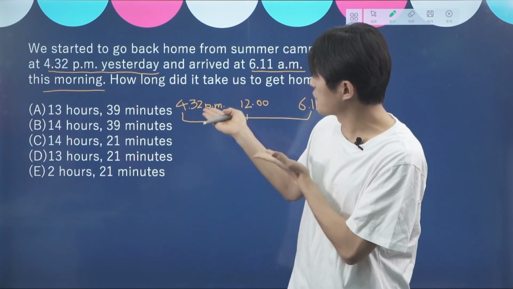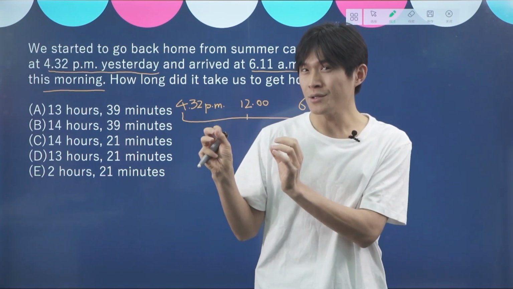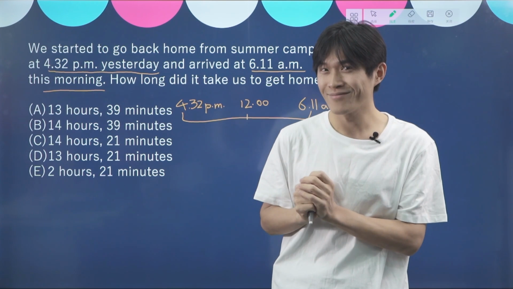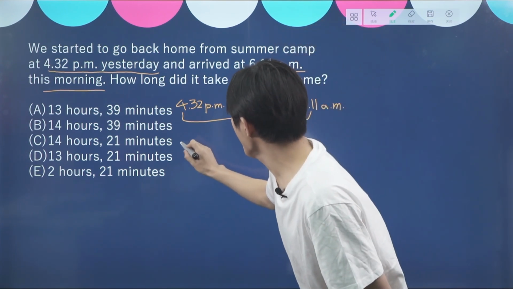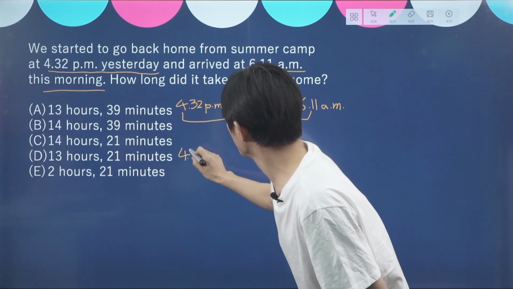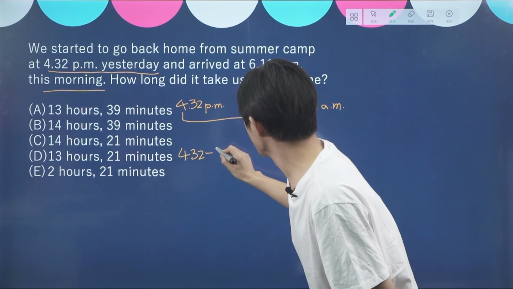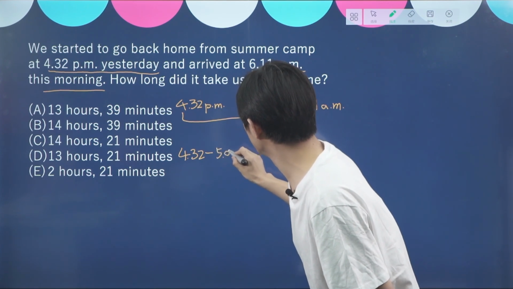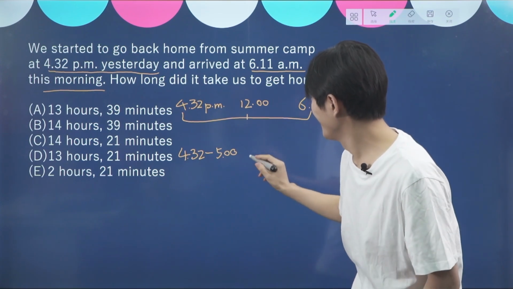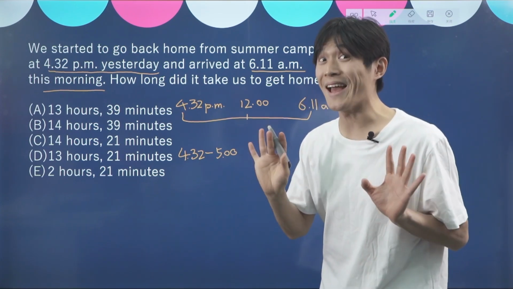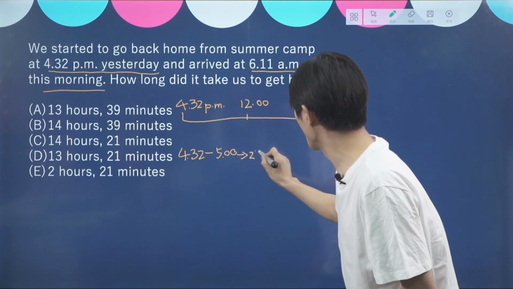So it's 4:32 p.m. What is the closest hour to 4:32 p.m.? It's 5 p.m. So 4:32 to 5 o'clock will be 28 minutes. We write it here.